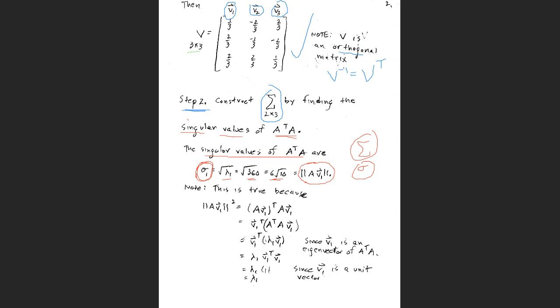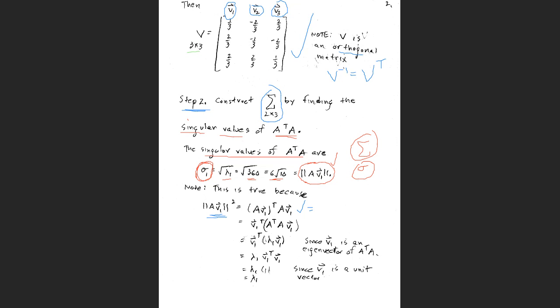I'm mentioning this because it is of some importance. It's true because if you were to take the magnitude of the vector A times eigenvector V1 and square it, that would just equal (A V1) transpose times A V1. But then I can put in an intermediate step here.